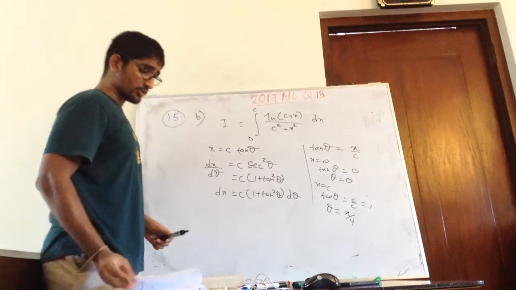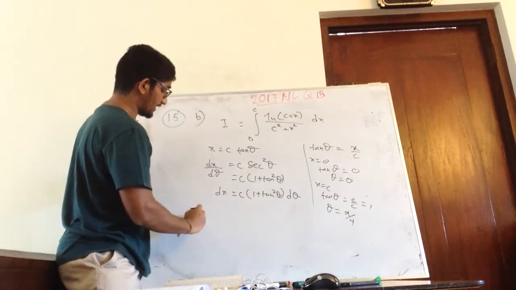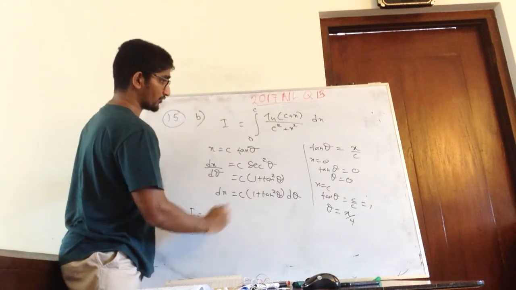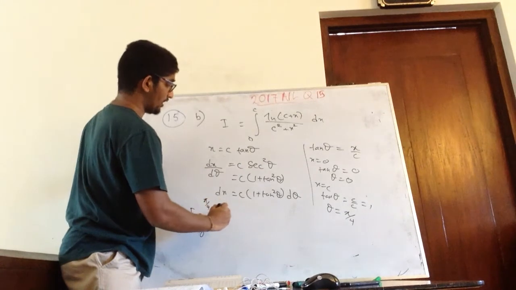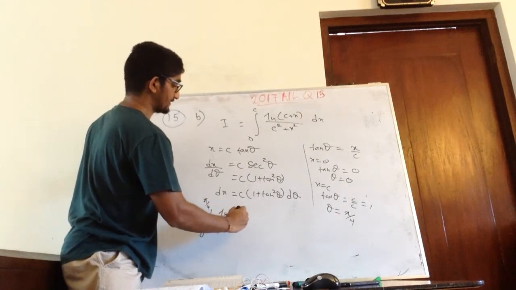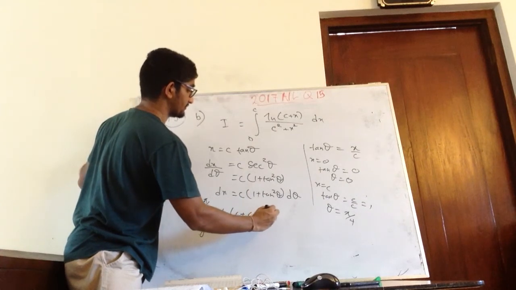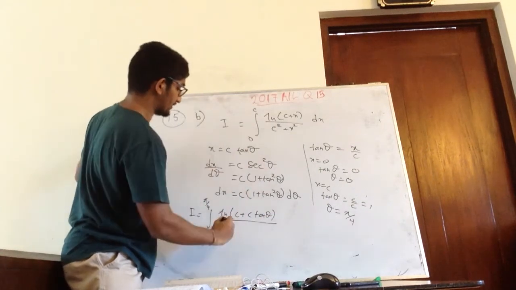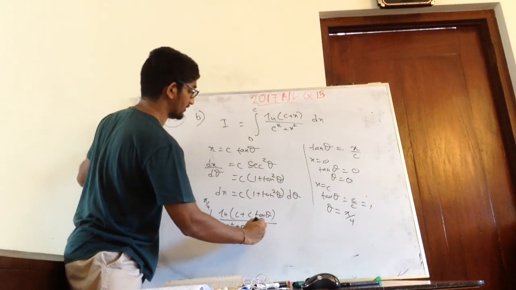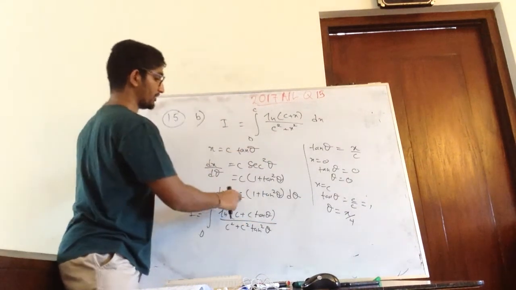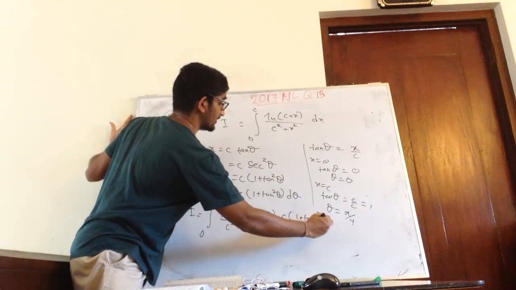So if I take the answer here, I will get I equals, from 0 to pi over 4, ln(C plus what? x. x is C tan theta), then C squared plus x squared, which is C square plus C square tan square theta. Then dx is going to be C times (1 plus tan square theta) d theta.